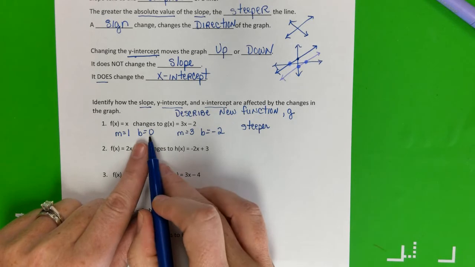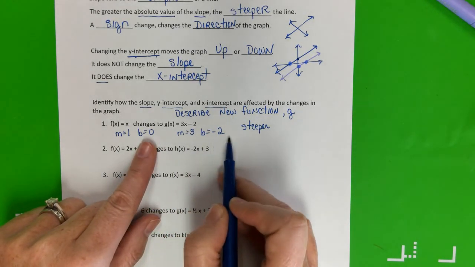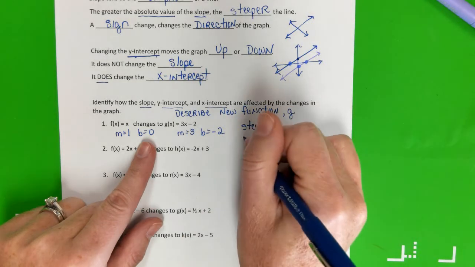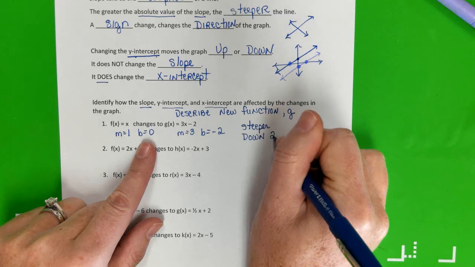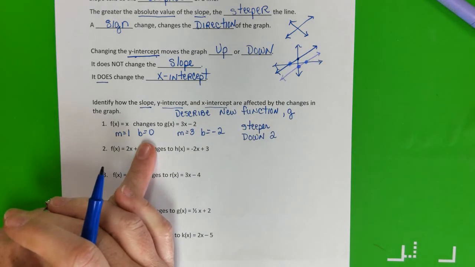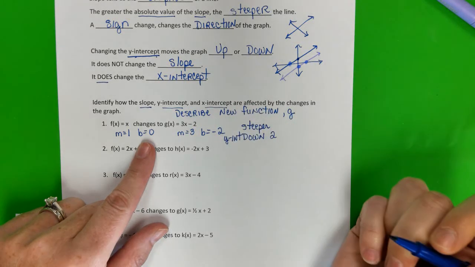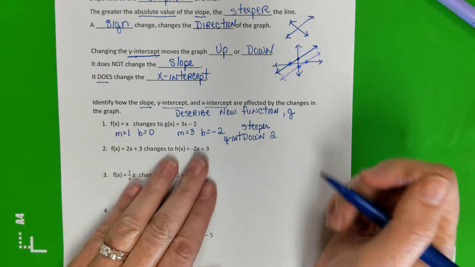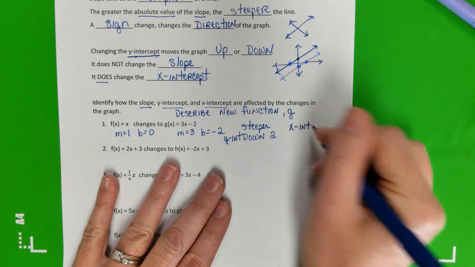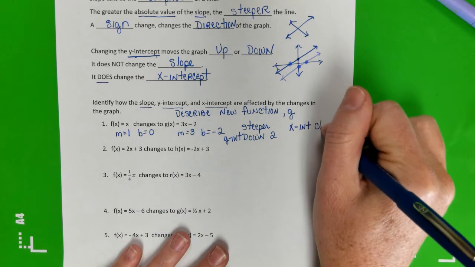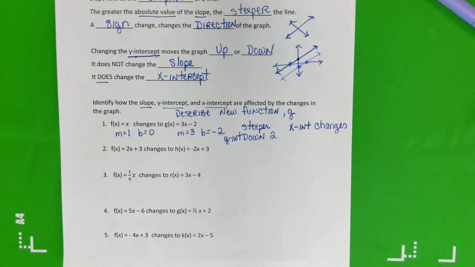And let's look at the y-intercept. The y-intercept went from 0 to -2, right? So our graph moved down, and we could actually say it moved down 2. That's specifically our y-intercept. Our y-intercept moved down 2. And we know if we're sliding this down and we're changing the steepness that our x-intercept changes. And that's all we're going to say for now about the x-intercept.